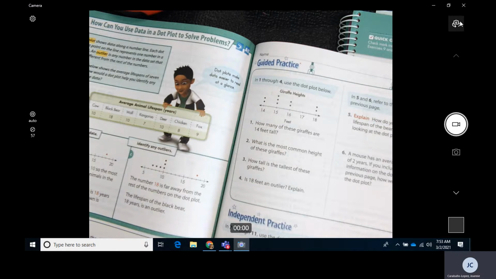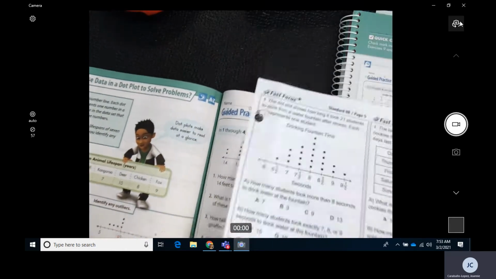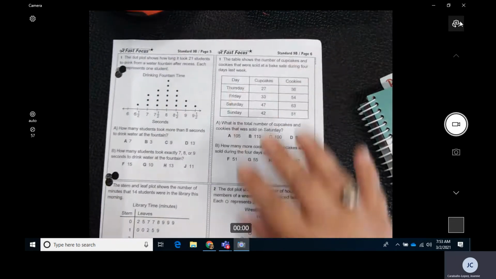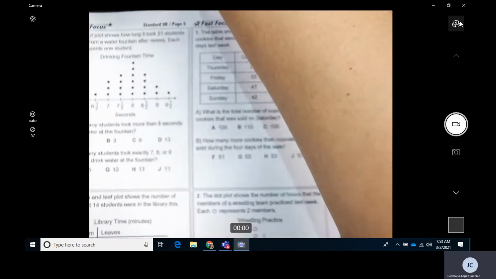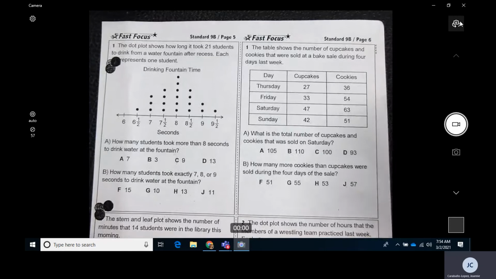Okay. All right, guys. So this is what we're working on right now. We're going to work up on the warm-up. So if you were working on extra math, this is the time to put it away, okay? So you're done with extra math. All right. So I'm going to go ahead and zoom this in so that you can see it at home and we can work on it together, okay? All right.